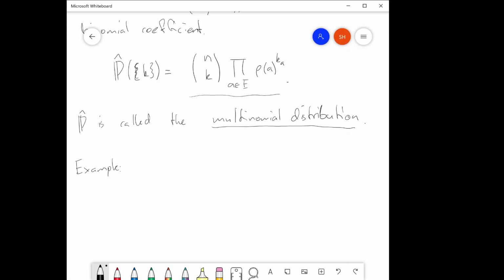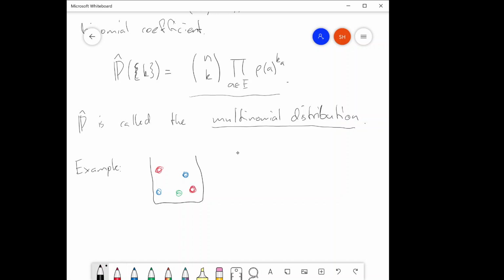So suppose we've got an urn with some red balls, some blue balls, some green balls. Although I will delete one of those green balls and put in a red ball.